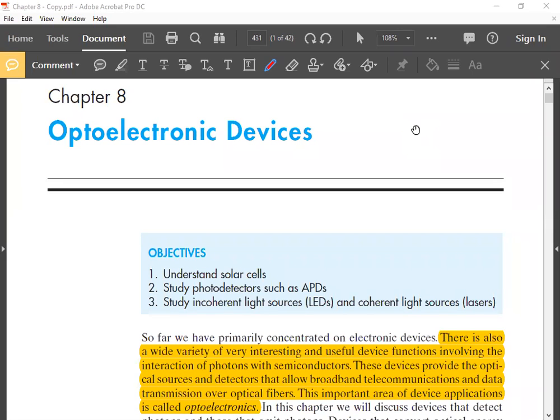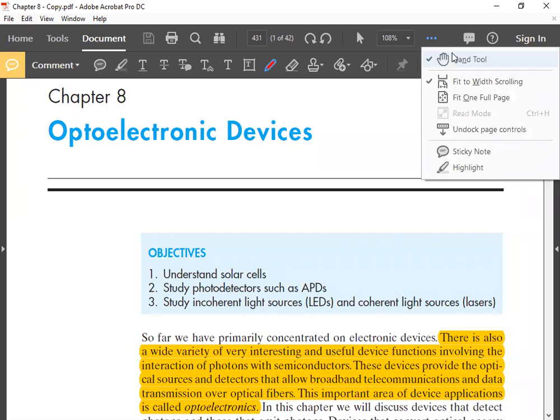When a semiconductor interacts with photons, optically generated carriers, excess carriers, may be there, and those excess carriers modify the conductivity of the semiconductor, that really increases the conductivity, and in some cases that phenomenon can be used for some applications. There are also some other applications. So the main thing is the interaction of semiconductor devices with photons, that is important.